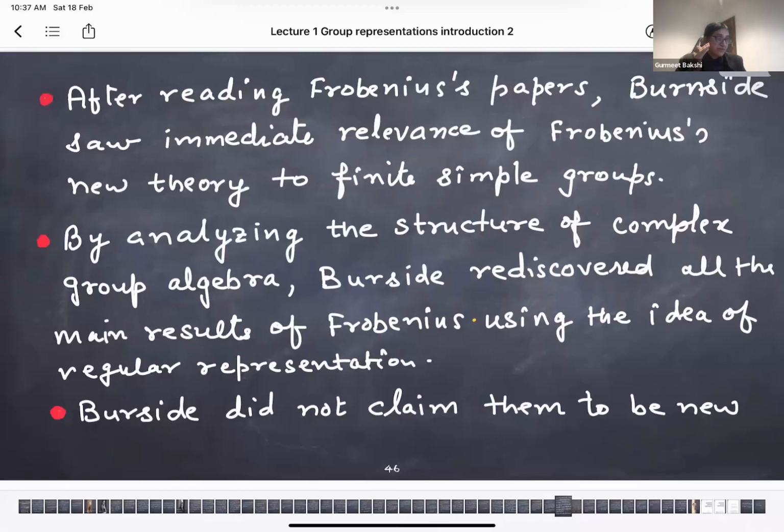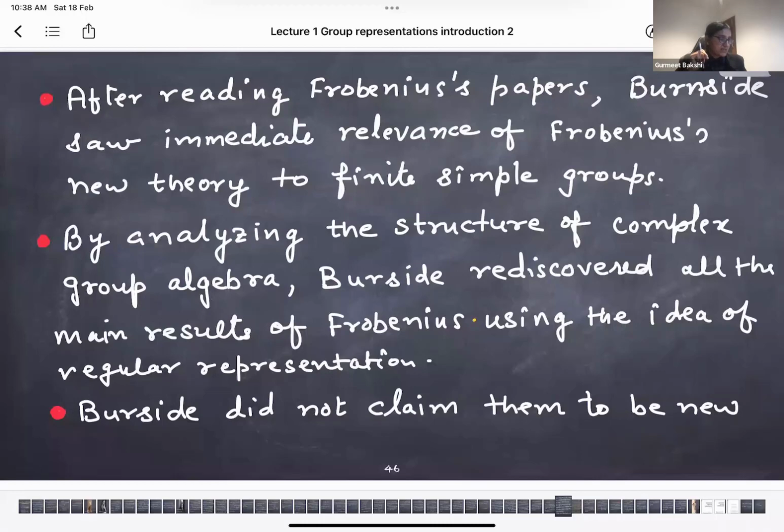After reading Frobenius' papers on characters, which Frobenius published at that time, Burnside saw the immediate relevance of Frobenius' new theory to finite simple groups. That is why Burnside got interested in Frobenius' work.